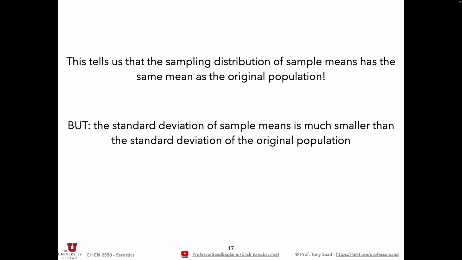So they're going to be more closely packed towards the central mean value. The standard deviation of the sampling distribution of sample means is going to be much smaller than the standard deviation of the original population. They're measuring different things. The original population is die faces; the sampling distribution is the mean of those rolls.